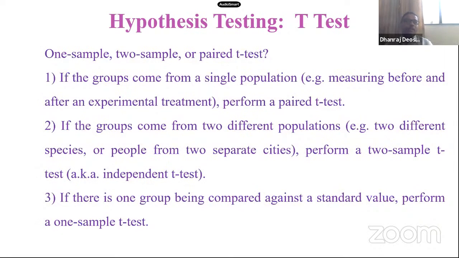On the basis of that, t-test can be classified as first, one sample test; second, two sample test; or third, paired t-test. First, if the groups come from a single population, that is, measuring before and after an experimental treatment, perform a paired t-test.